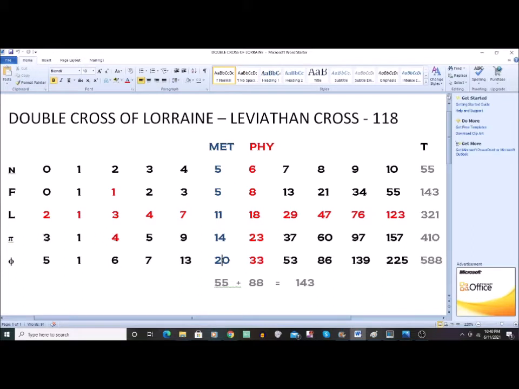Because this 314 of pi crops up. If we add 55 and 88 together, we get this 143. This is the Dam Busters year, Operation Chastise 1943, when they blew up a load of dams in the Second World War. You might have seen the film about it.